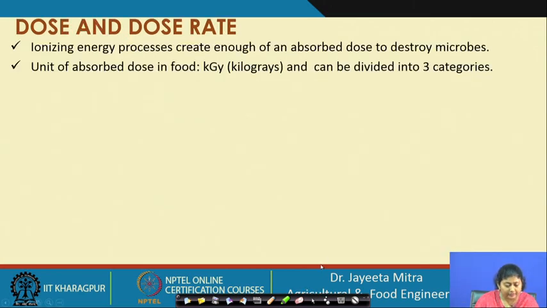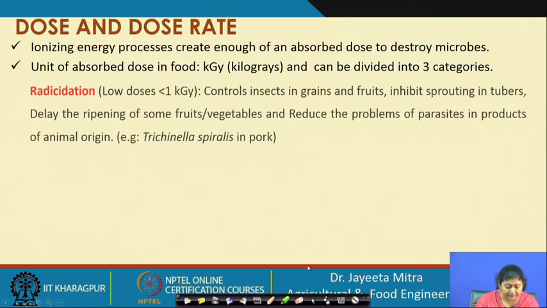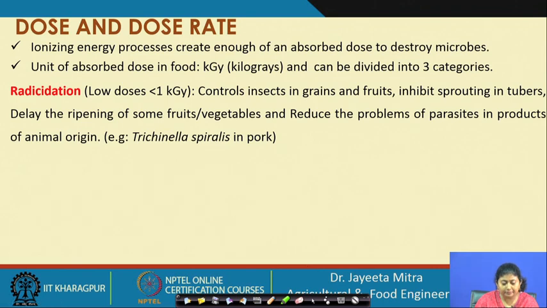So, dose and dose rate. Ionizing energy processes create enough of an absorbed dose to destroy microbes, and the unit of absorbed dose in food is kilogray, and it can be divided into 3 categories. Radicidation, that is low dose, less than 1 kilogray. This controls insects in grain.